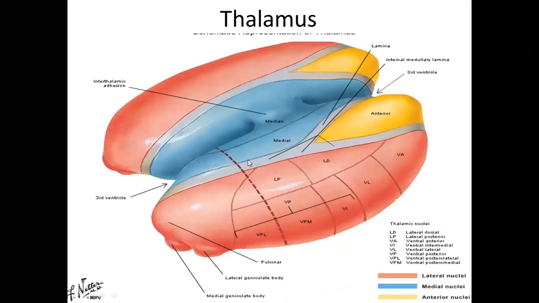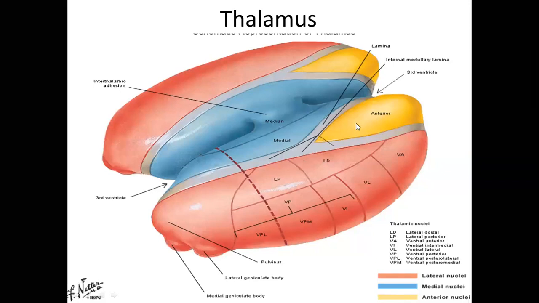It has four surfaces, superior, inferior, medial and lateral. They are connected with interthalamic connexus or interthalamic adhesions. Both the thalami are connected with interthalamic adhesions. Each thalamus is divided by a Y-shaped lamina. This is the Y-shaped lamina, dividing it into anterior group of nuclei, medial group of nuclei and lateral group of nuclei.